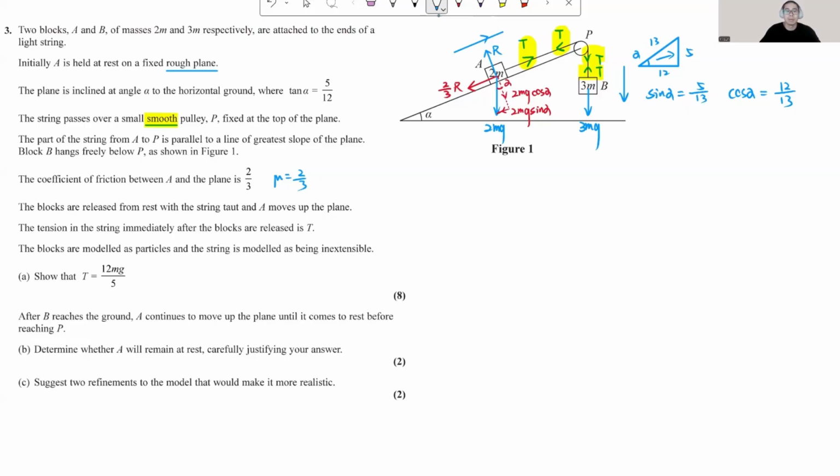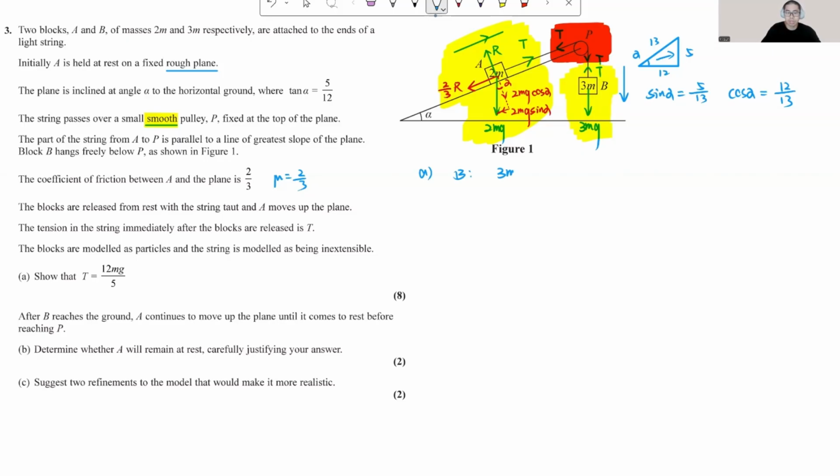So let's set up equations. These will be the forces acting on particle A. Those two tensions will be the forces acting on the pulley P. And this will be the force acting on particle B. To set up the equation for particle B, the force goes down because B goes down.